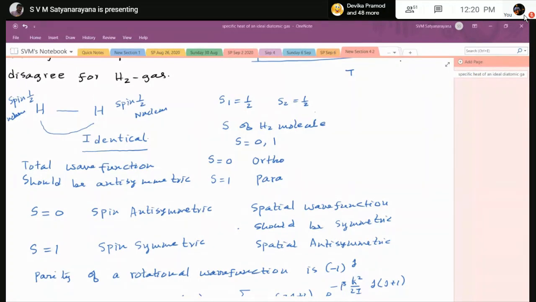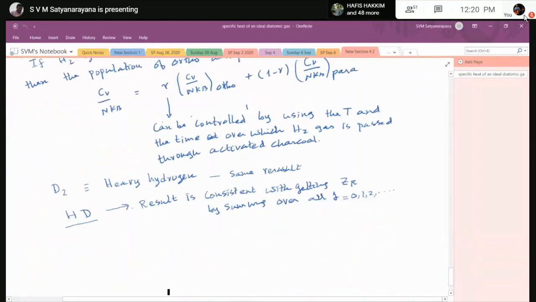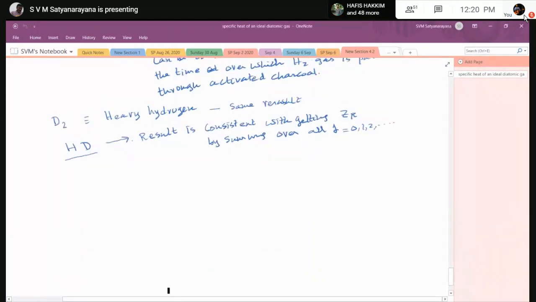If you look at the hydrogen molecule, let's say that you have understood the addition of angular momentum.